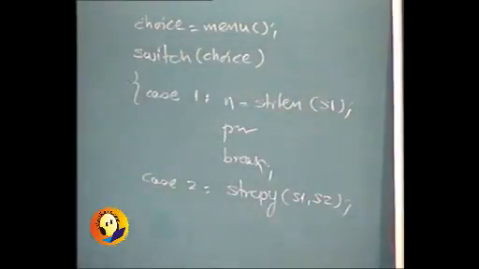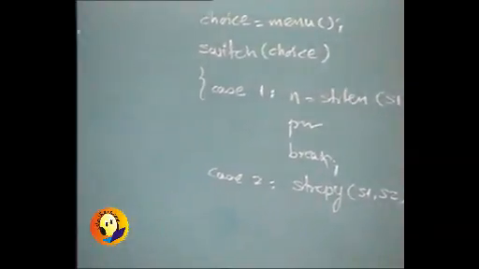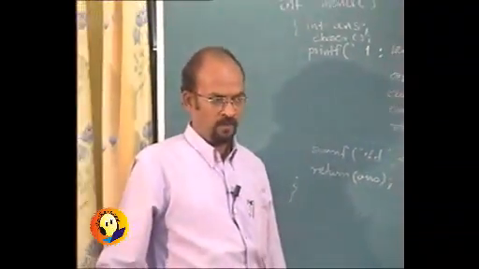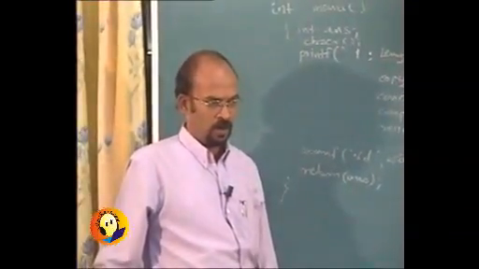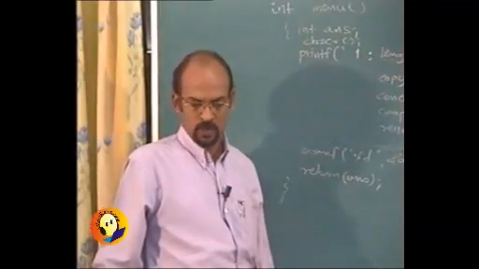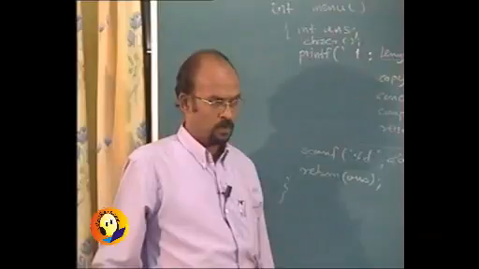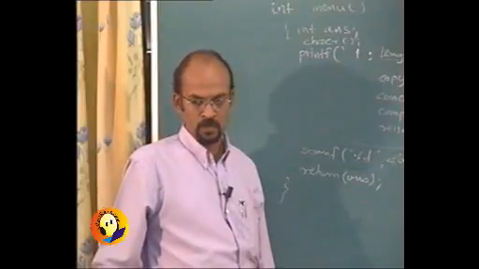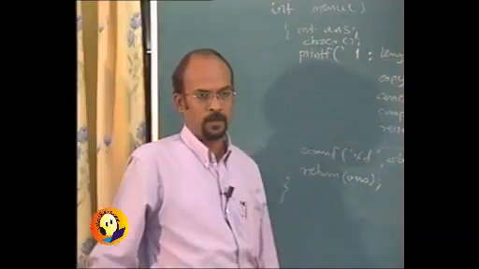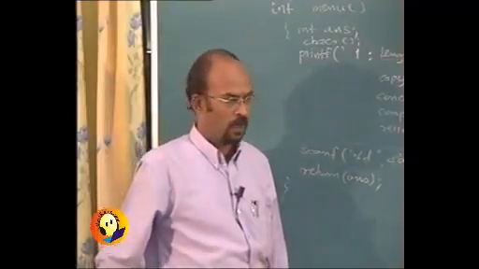Third one, can you just tell me where have you taken the input for the strings? In main. Where? Above switch case? Before menu? Where are you taking the input? Above switch case.